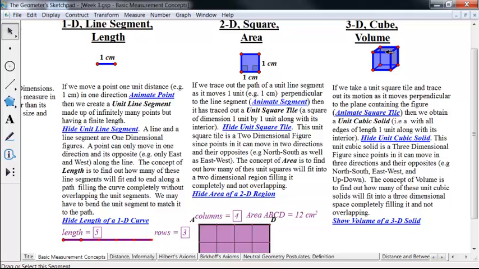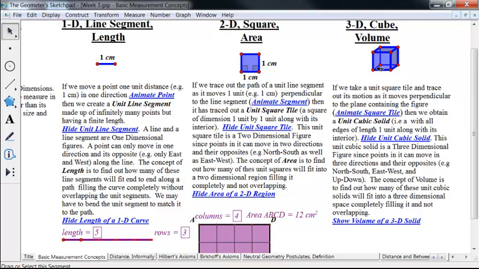And notice it has, count them, 8 vertices, 6 faces, which are these square tile interiors, and then edges. Let's count them. There's 4 on the front, 4 on the back. That's 8, and then you have 4 coming out the sides. That's 12. So we have 12 edges.